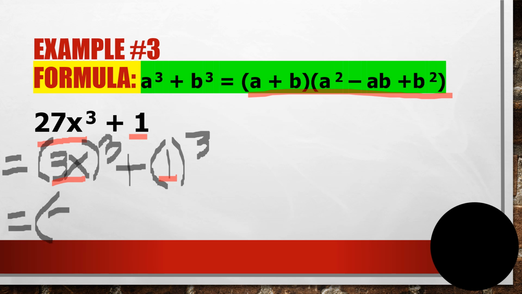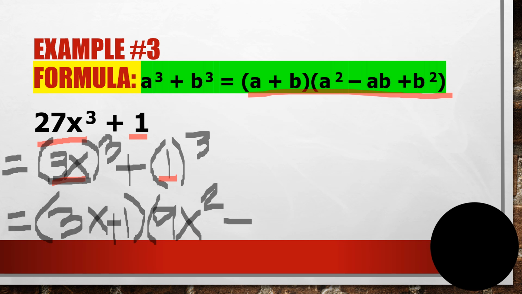We have 3x plus 1. Close, and then open parenthesis. We have A squared, which means we multiply 3x to itself 2 times. 3 times 3, you have 9. X times x, you have x squared.